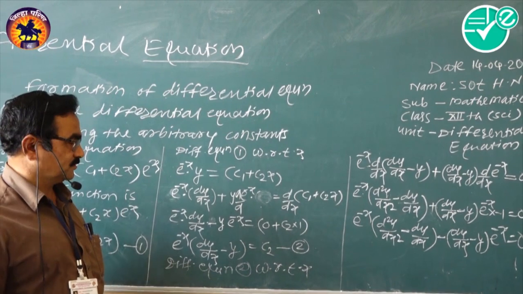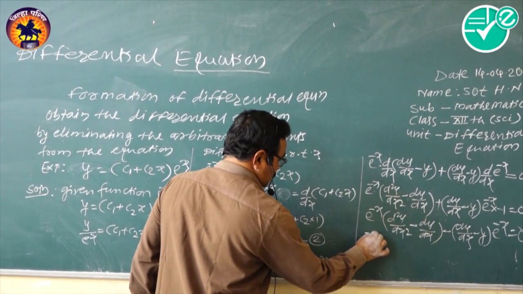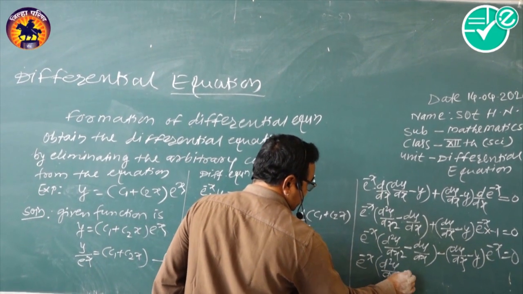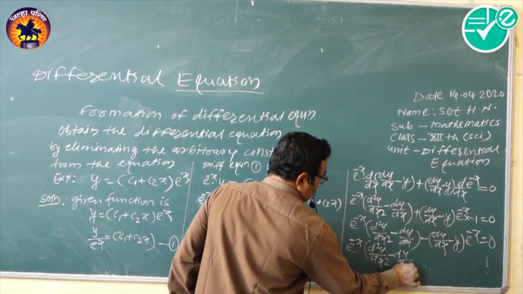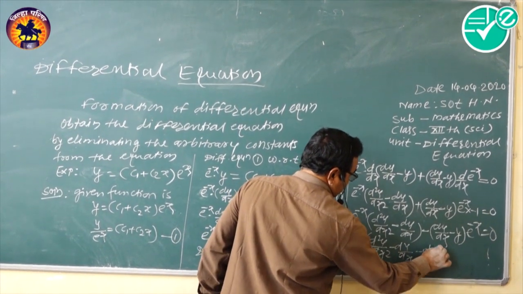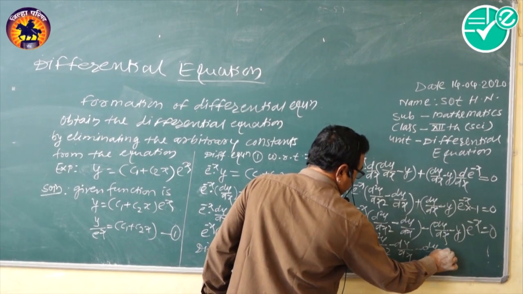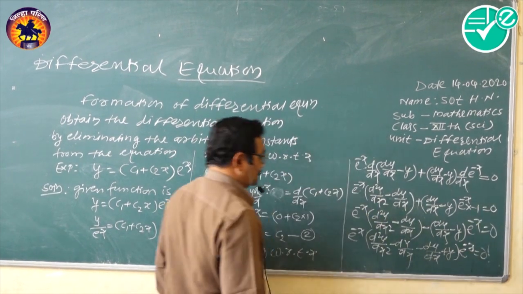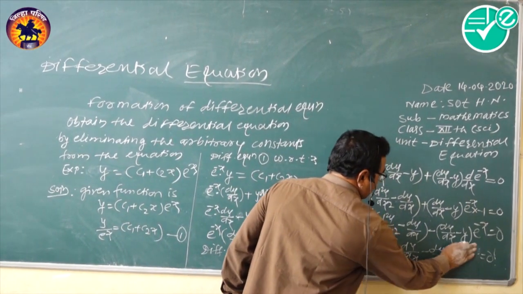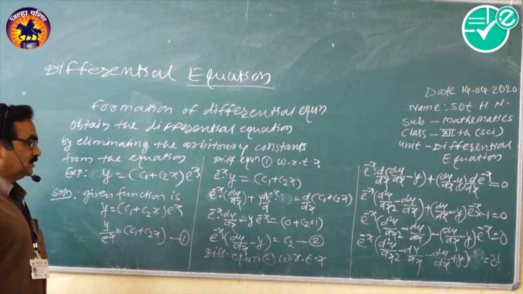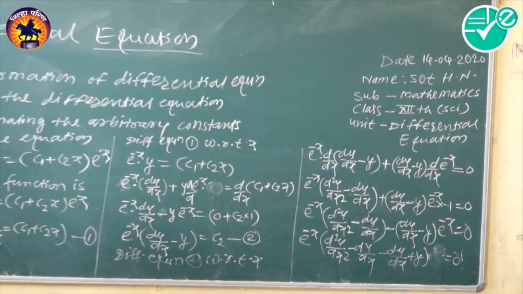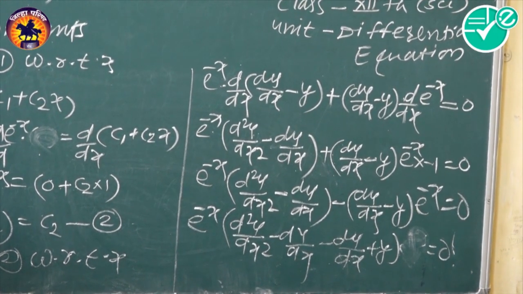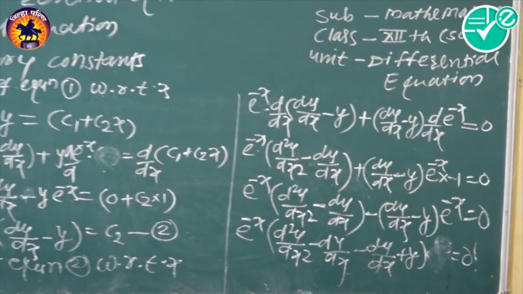In this equation, we take e raised to minus x common. e raised to minus x into d2y by dx square minus dy by dx minus dy by dx plus y equal to 0.